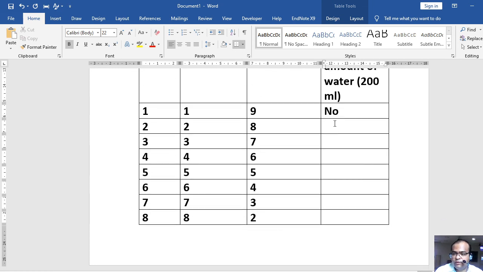Then we will select the points which have the capability to not only self emulsify but self emulsify with transparency. So we'll select only those points. Let's say in our composition we got these 4 points which have self emulsifying capability as well as transparency, then we'll select these points, right?